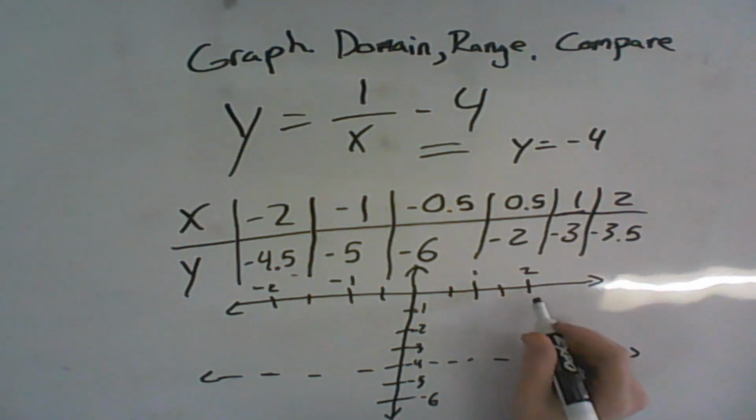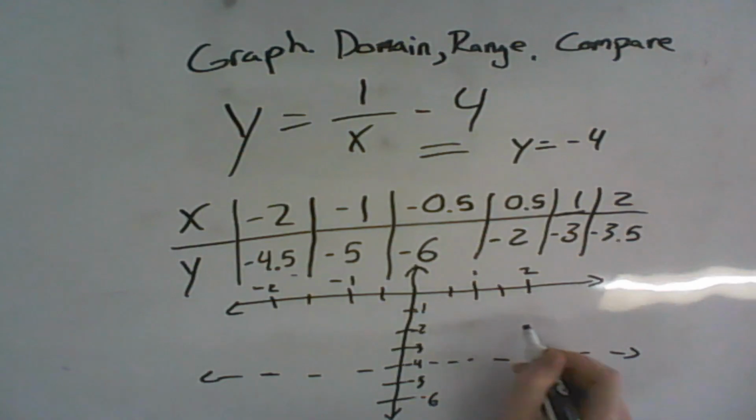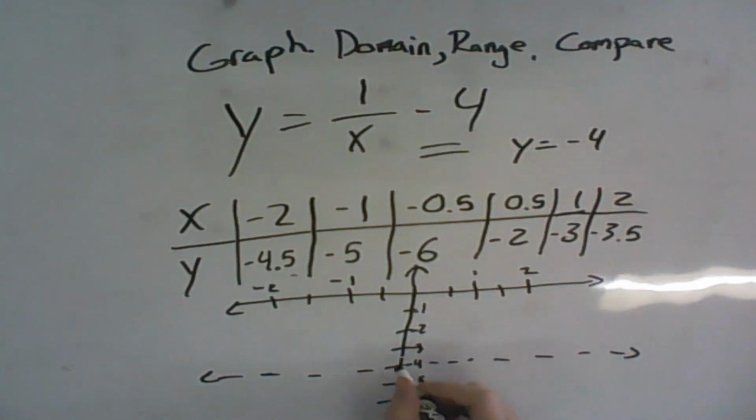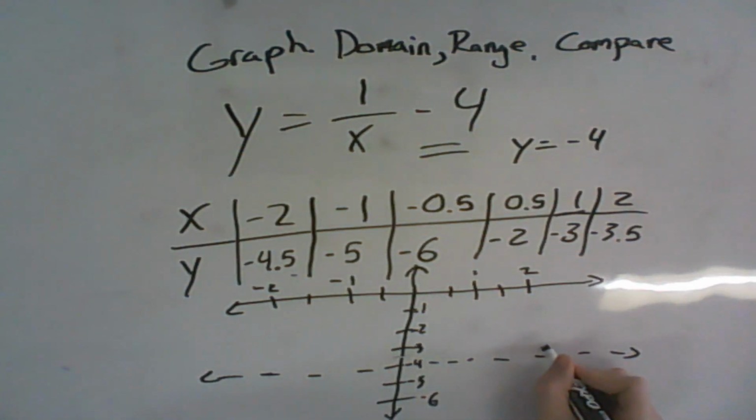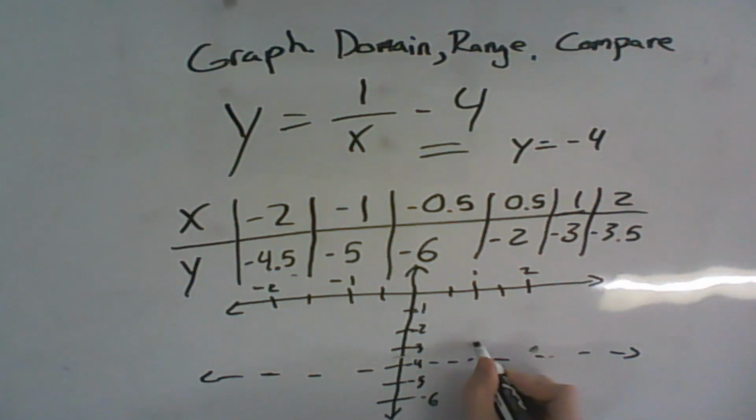Okay, so 2 goes with 3.5, so give myself a 3.5. That's roughly there. 3.5, -1 with 3, then 1/2 with this.